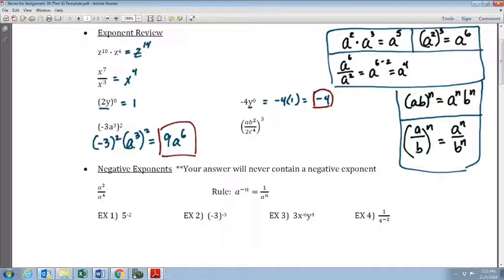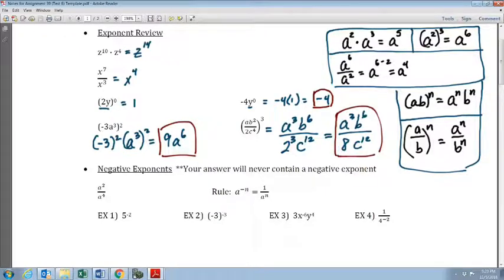Similarly, on the next problem we have a cubed, and then b squared cubed, so that's a power to a power, so we multiply the exponents, we get b to the 6th. And then we have 2 to the 3rd power, or 2 cubed, in the denominator, and then c to the 4th power raised to the 3rd power, so power to a power, that's going to be c to the 12th. And 2 to the 3rd power is 8, so we can rewrite this, and that's our final answer there.